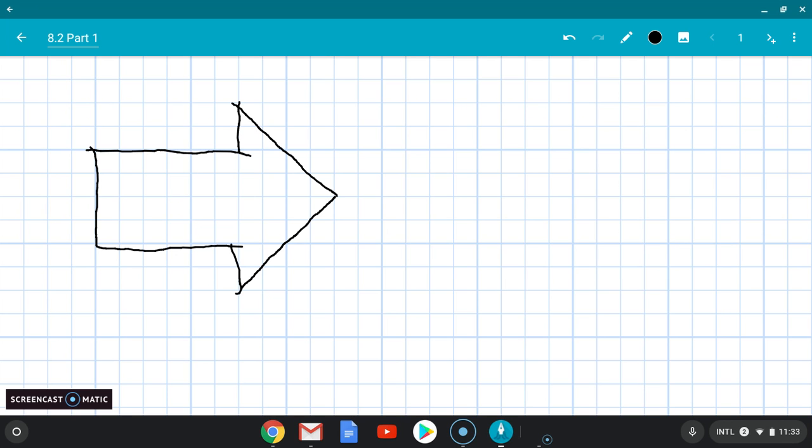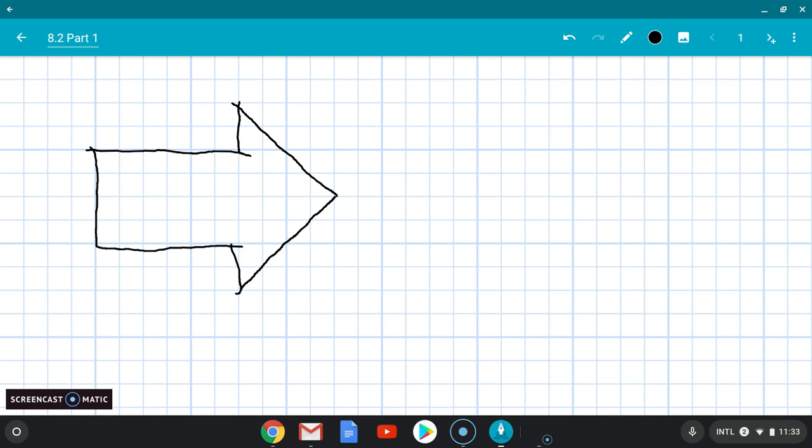It's roughly an arrow, correct? But really, a composite figure is two shapes that are put together. So an arrow is basically a rectangle right here with a triangle tacked on the one end, right? So a composite figure is two or more shapes put together. If we're asked for the perimeter of a composite figure, we're talking about the distance around the whole outside of this figure.